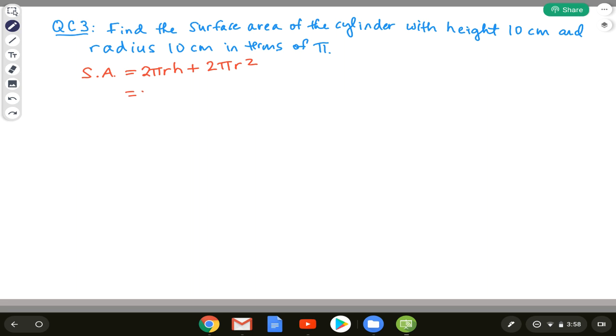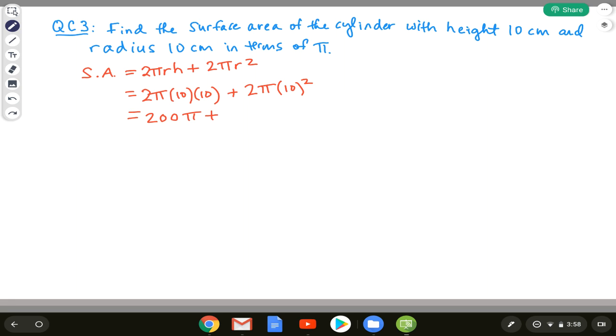Alright, so this time the radius is 10 centimeters, the height is also 10 centimeters. I'm just filling that into my formula. I'll have 10 times 10 is 100 times 2 is 200 pi.